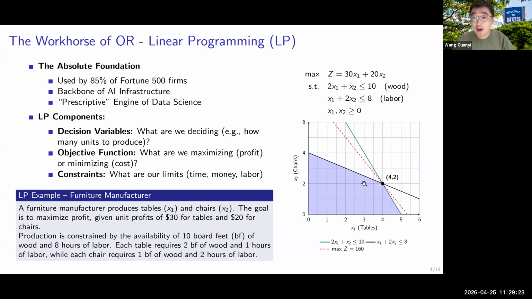And luckily, you might realize that if we push this red line to the right-hand side as far as we could, the furthest point is this 4, 2 point. Okay, and that means we are pushing our objective value and getting the maximization. So this is just an introductory idea of what it means.